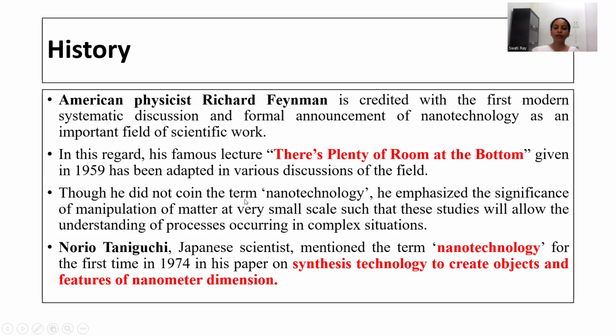Although he did not coin the term nanotechnology, Norio Taniguchi, a Japanese scientist, used the term for the first time in 1974 in his paper on synthesis technology to create objects and make features of nanometer dimension.